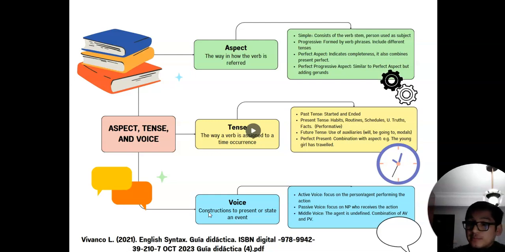And next we have the passive voice, which focuses on the noun phrase, focuses on the receiver of the action. So if we use the previously mentioned example, Maria plays her guitar, it would be the guitar was played by Maria. Okay.